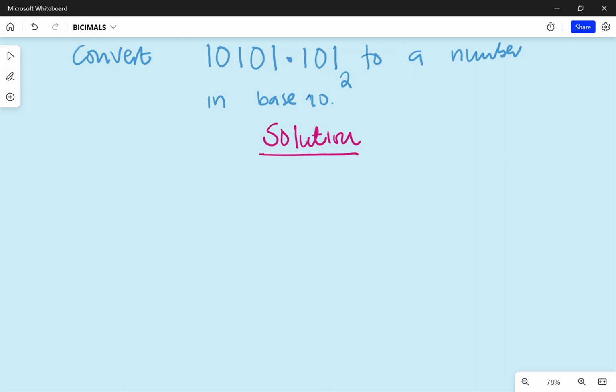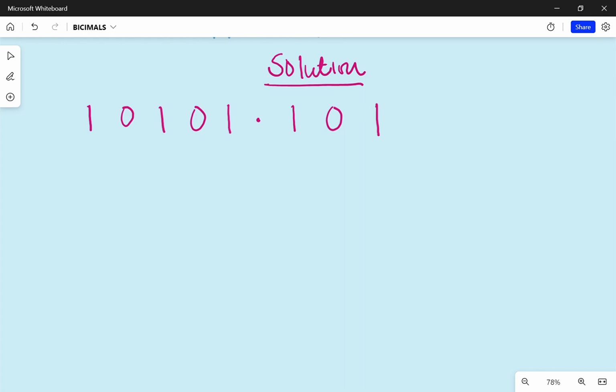This lesson has been a bit long. Solution, so I'm going to use what I have. So 10101.101. Okay, so here I'm going to say this is the same as 2 power 0, 2 power 1, 2 power 2, 2 power 3, 2 power 4.